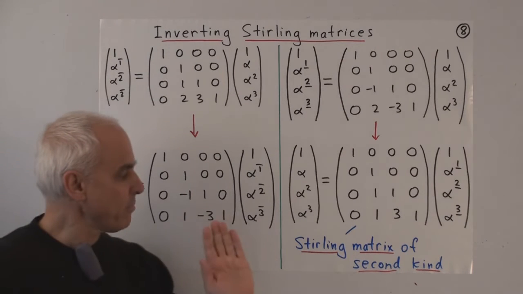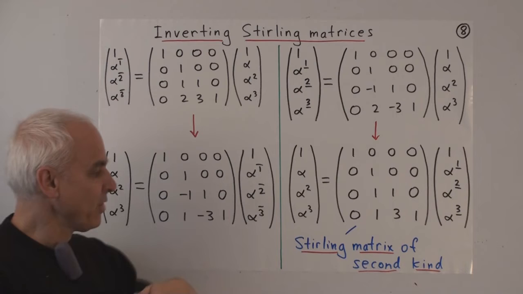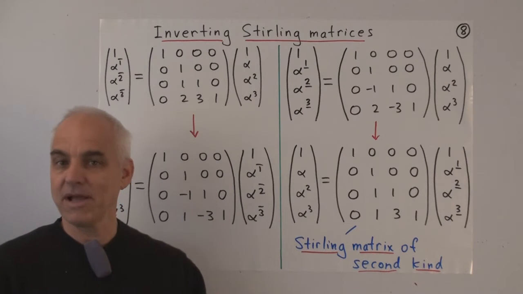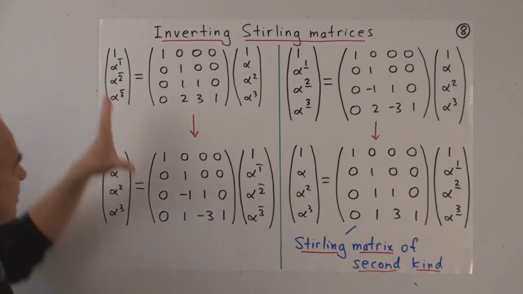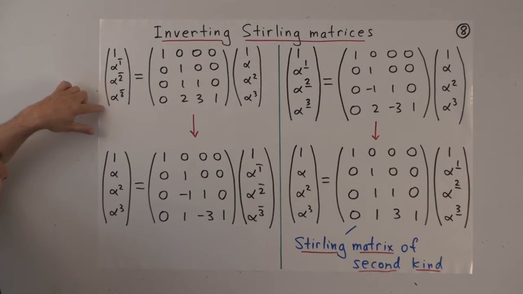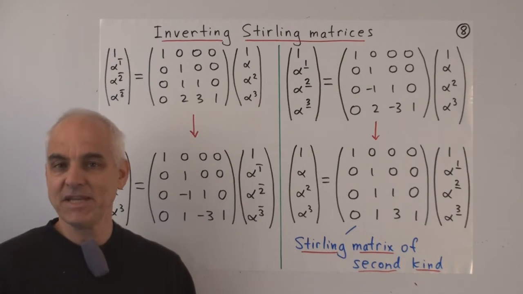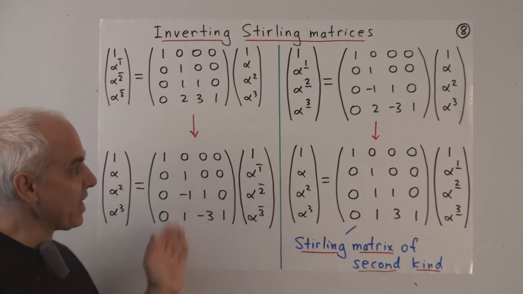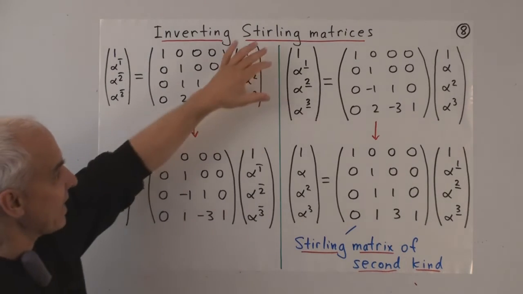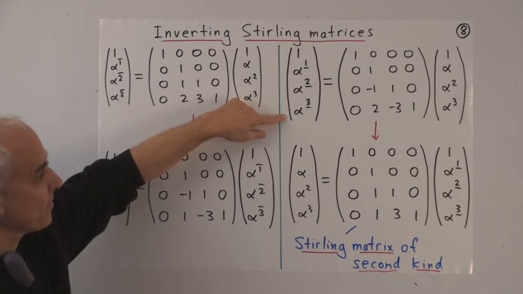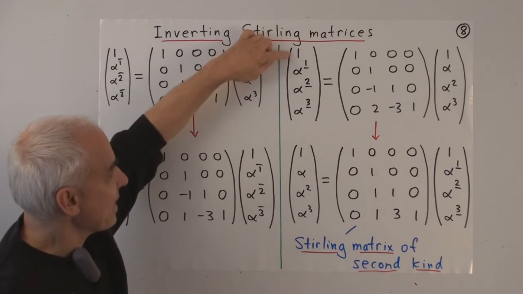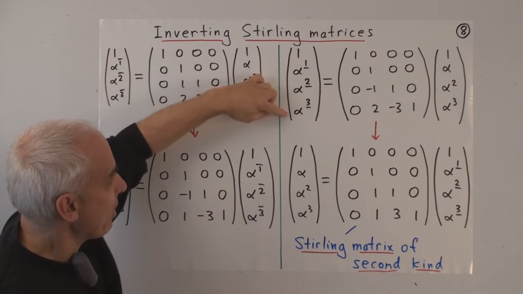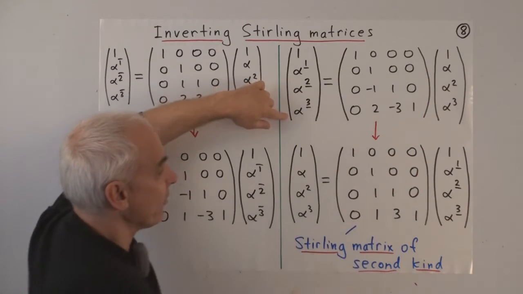Now, at this point, it's important for me to reintroduce some symmetry that I've been kind of ignoring. Today I've been talking about these rising powers. But we've seen that the falling powers are just as important. So the entire discussion that we've been doing could also have been restated in terms of the falling powers. So we could have started out by asking, how are the falling powers related to the standard powers?